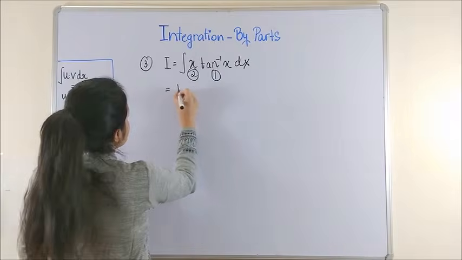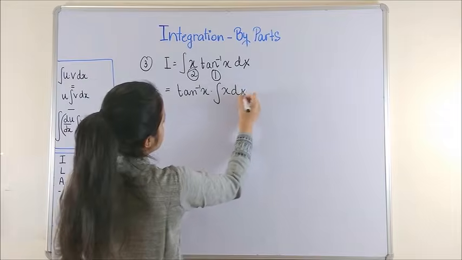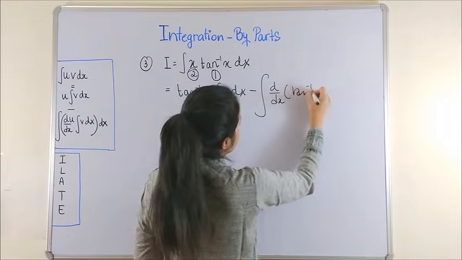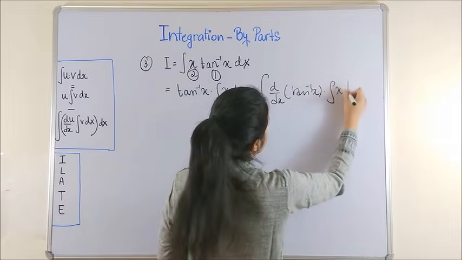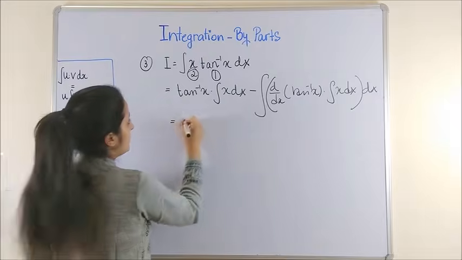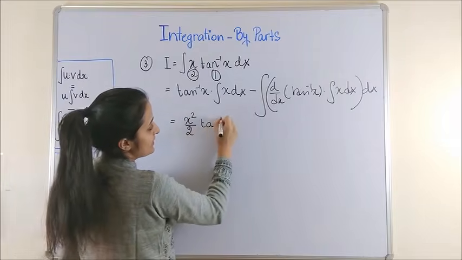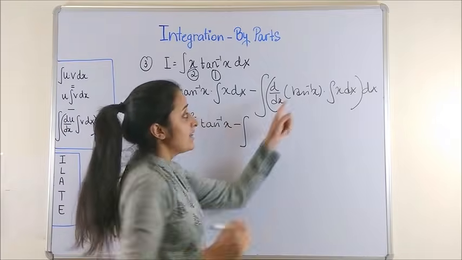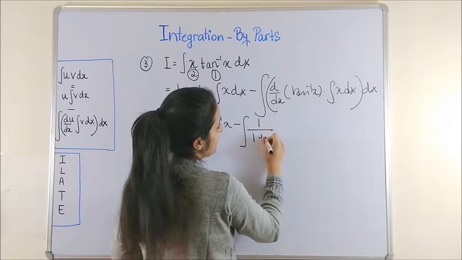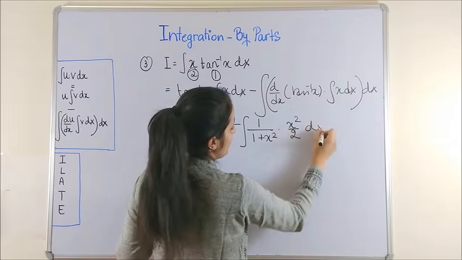So this becomes tan inverse x into integral of second minus the derivative of tan inverse x into integral of x dx whole integral. X becomes x square by 2 into tan inverse x minus derivative of tan inverse x would be 1 upon 1 plus x square into x square by 2 whole dx.